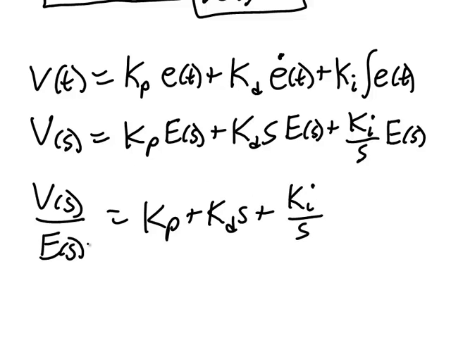This is kind of a strange form, so I'm going to change it so it looks a little bit more familiar as a transfer function form we're familiar with. And the way I'm going to do that is by multiplying each of these two terms by s over s, and then all three of these terms will have the same denominator.